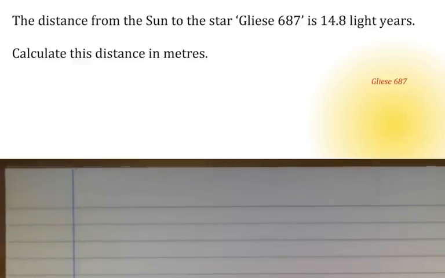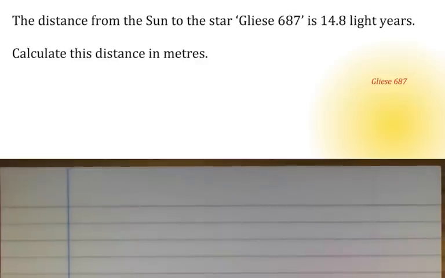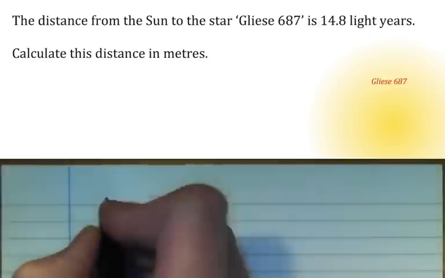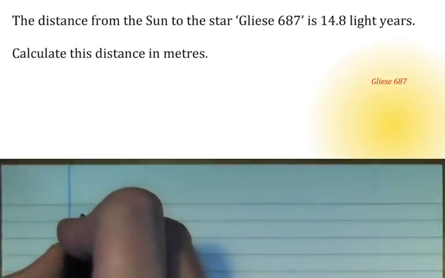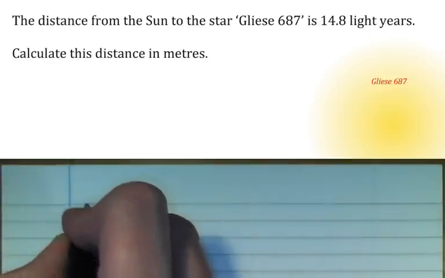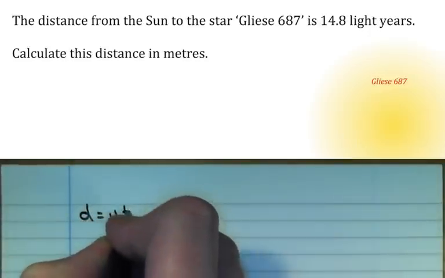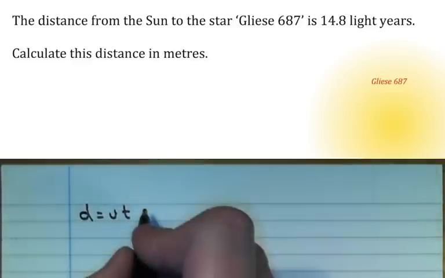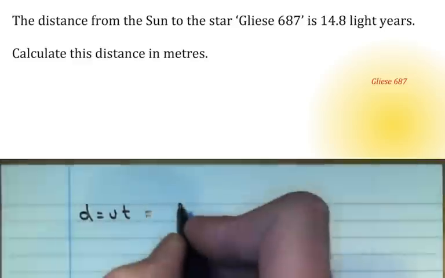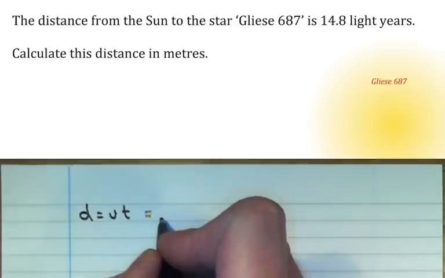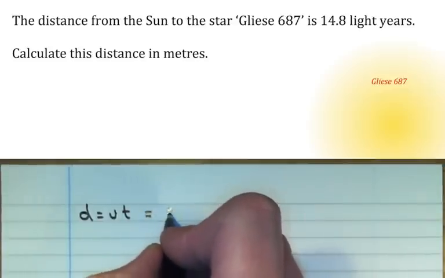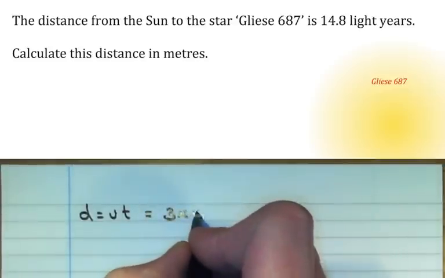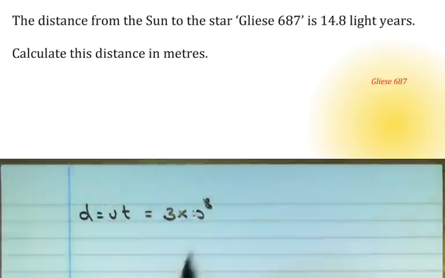These are not difficult questions. Once you know how to do these questions, no huge problem. Of course, we're using the equation from speed: distance over time. Distance is equal to speed times time. Of course, we're talking about light, and the speed of light, if you don't remember, you'll find at the front of the test in the data sheets. It's equal to 3 times 10 to the power of 8 meters per second.